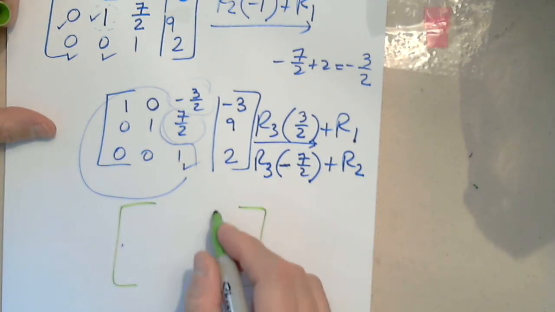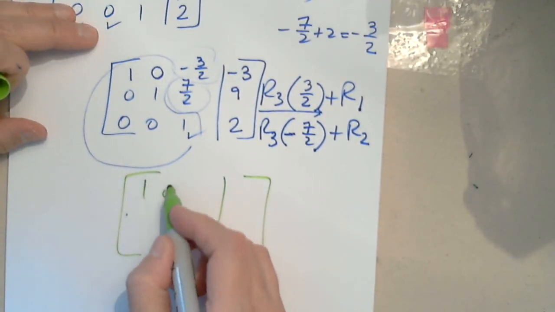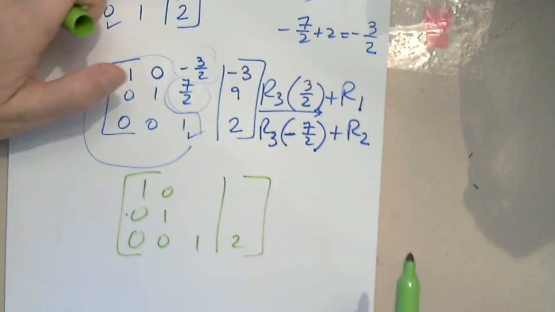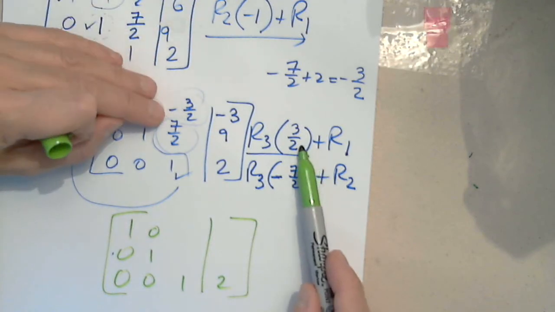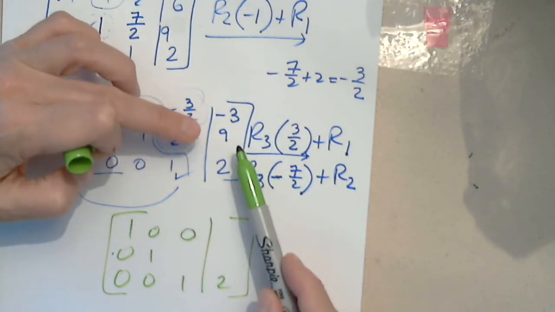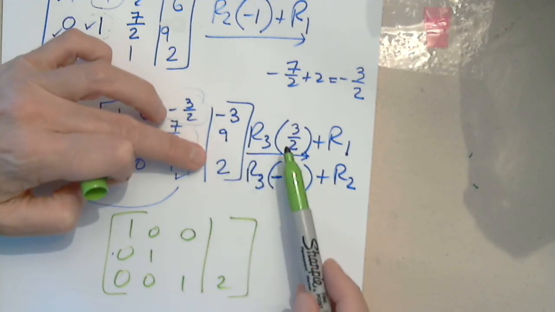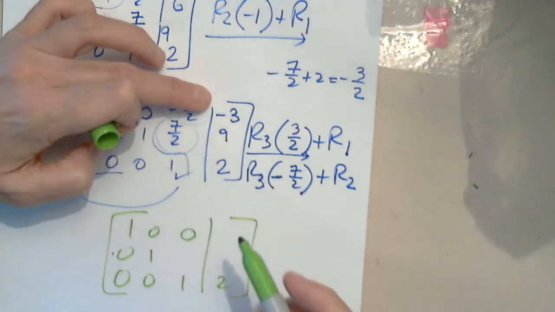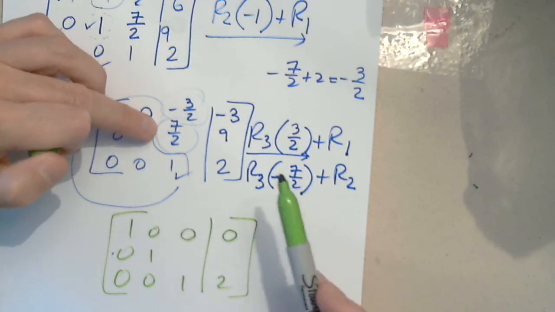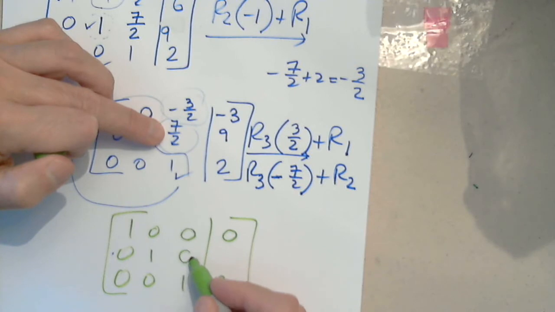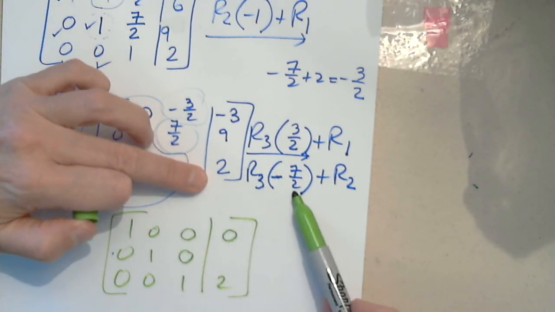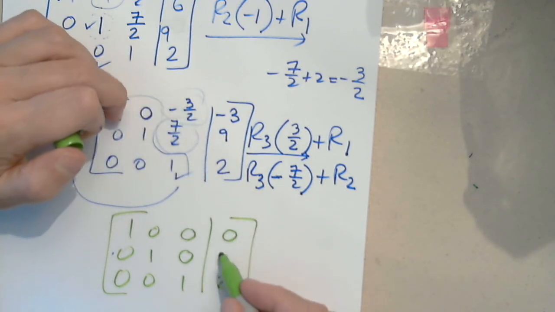This is the final step. 1, 0, 0, 1, 0, 0, 1, 2. 1 times 3/2 minus 3/2. Careful now. 2 times 3/2 is 3, minus 3 is 0. 1 times -7/2 plus 7/2 is 0. 2 times -7/2 is -7 plus 9 is 2.